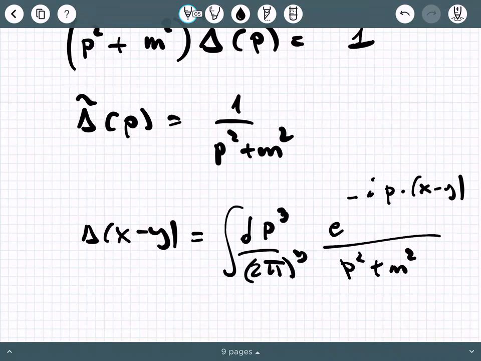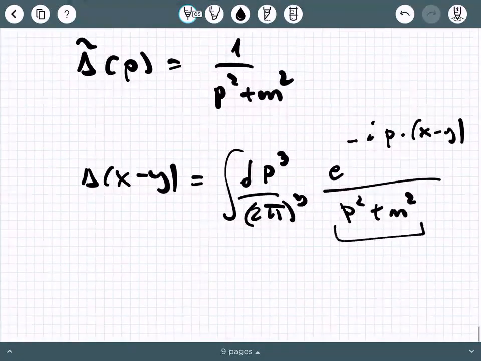Now, unlike the Klein-Gordon propagator you're used to, there's no need to put the i epsilon prescription because there's no singularity on the real axis here. You're used to having to put the i epsilon prescription, remember? Now, since the rest of the integral is even, obviously the Fourier transform is even under exchange of x and y.